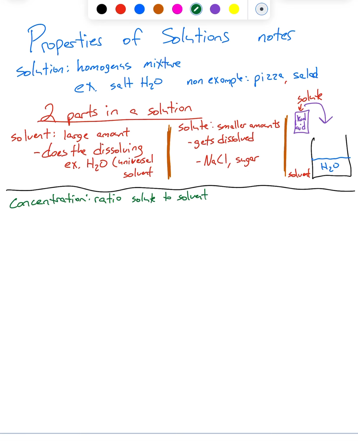For example, something you may be familiar with is 1 cup of water to 2 grams of Kool-Aid. That would be the ratio of solute to solvent.